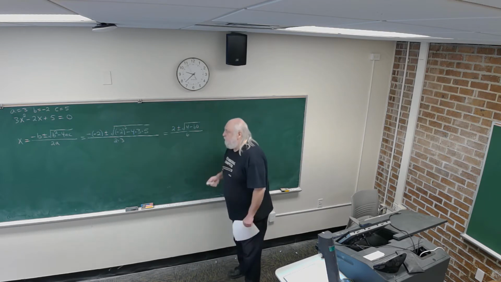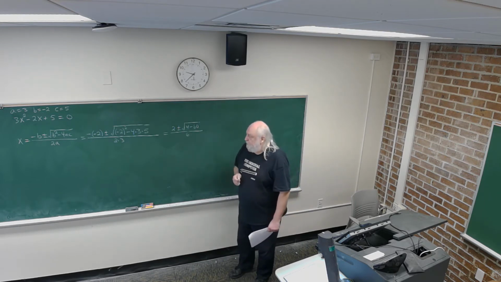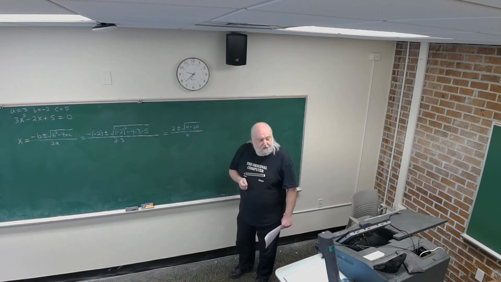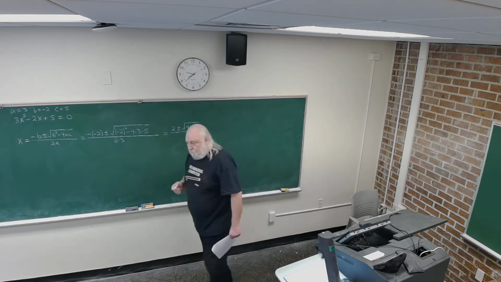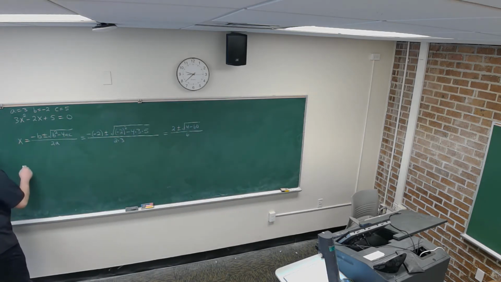And so we know immediately now that the solution to this quadratic equation in one variable is going to have complex numbers in the solution, because 4 minus 60 is negative 56. The square root of minus 56 is an imaginary number, not a real number.